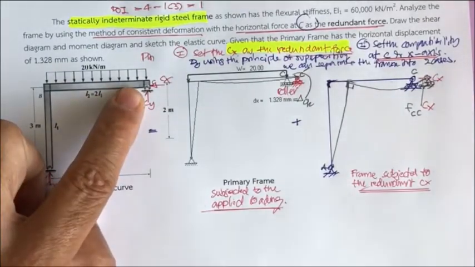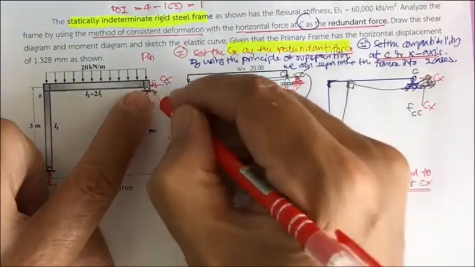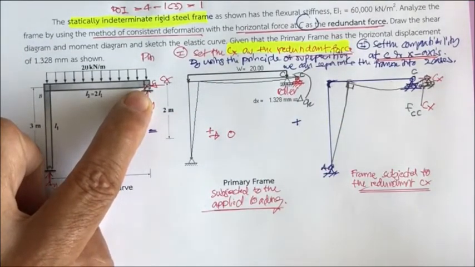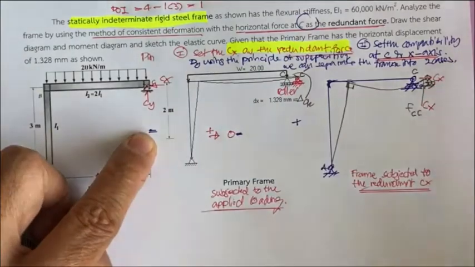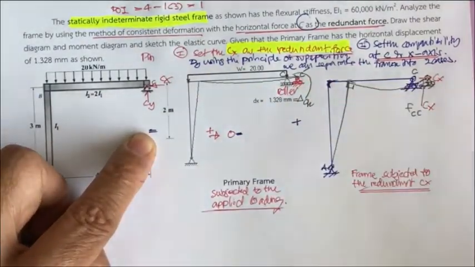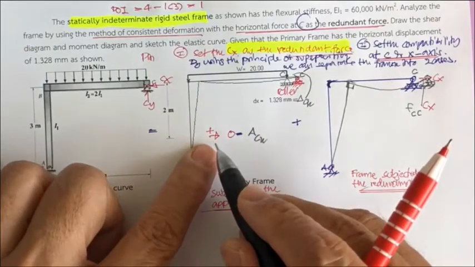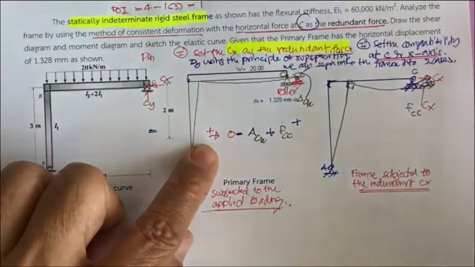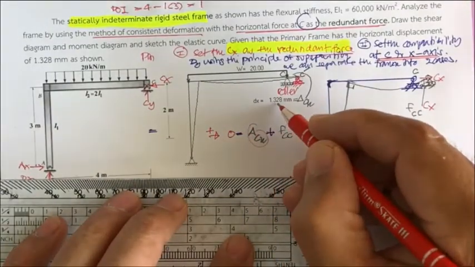If we set this one as positive, the deformation here is 0, and this is equal to the deformation here, delta sub CH, in this direction, and also we're going to add this one, F sub CC times C sub X, and now we have this one, 1.328.